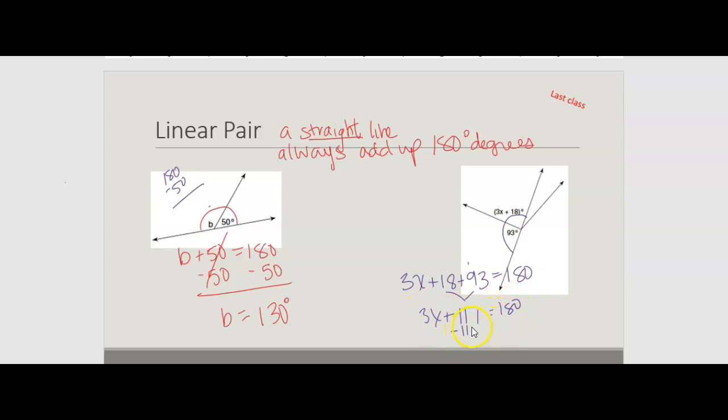And then we're going to subtract 111 from both sides. And you get 3x equals 169. And then divide by 3. I don't have my calculator handy, so let's do this old school. You guys can totally grab your calculator though. 3 goes into 16 5 times.